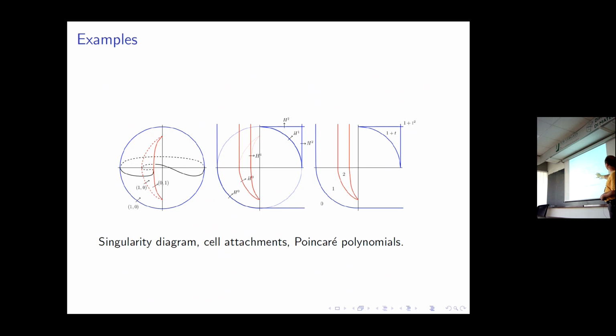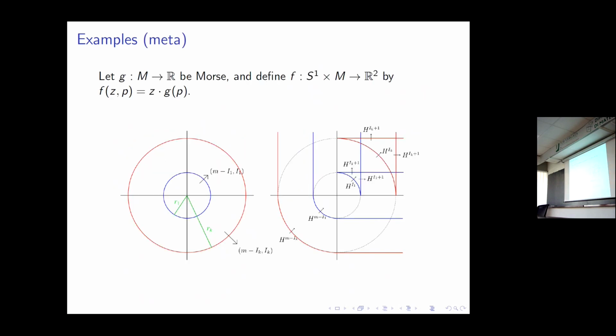And we kept track of the Poincaré polynomial on this as well. So this is just grabbed from our paper. So if you put it all together and think about the attaching maps, you can get the Poincaré polynomial on this. So here's a generic picture. Take a Morse function on a manifold and take the function from circle cross manifold to R2, where you're basically putting that Morse function into polar coordinates.